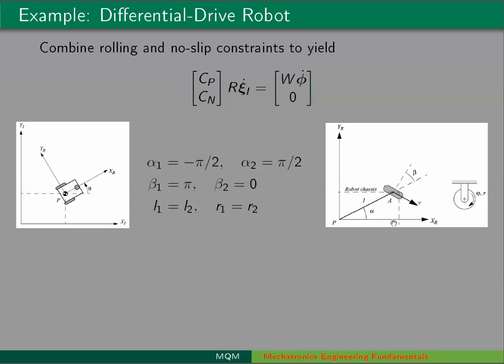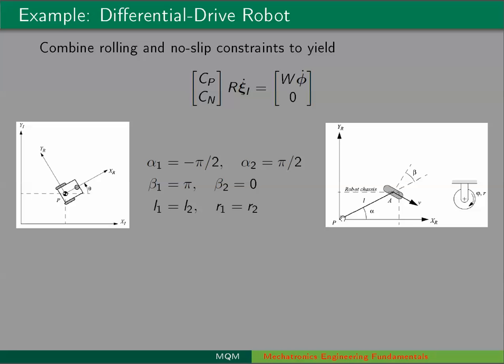And then for wheel 2, we have alpha 2 is pi by 2, so that wheel also is on the y-axis, and beta 2 is 0. So we can see that just by rotating this wheel up to here and setting beta equal to 0.